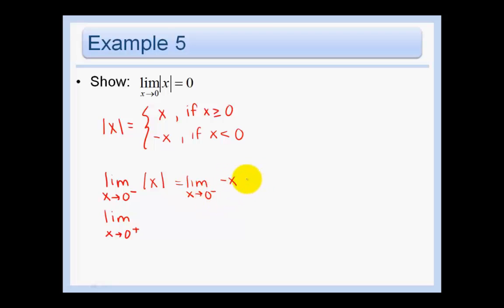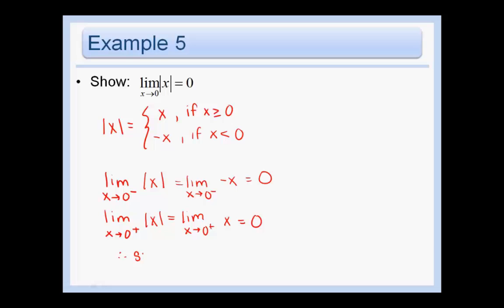And so we can stick 0 in. And so that just equals 0. And from the right side, from larger values than 0, we're going to use this definition, just straight old x. And since we're at 0, it equals 0.